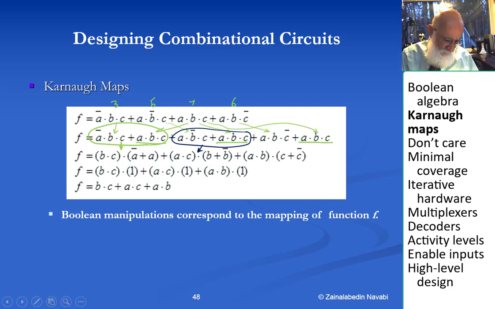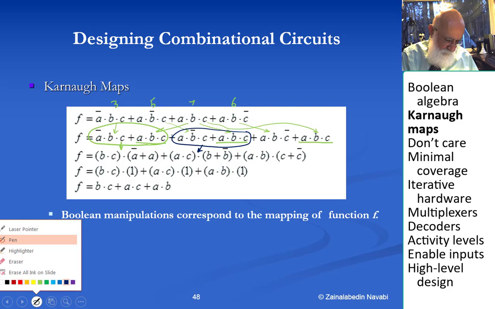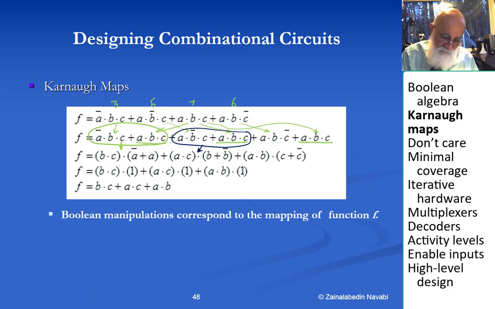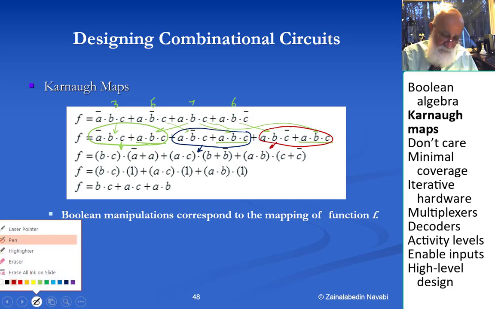Third one, I'm going to factor out AB, and this becomes this one over here. Okay. Let me show that to you on a Karnaugh map.